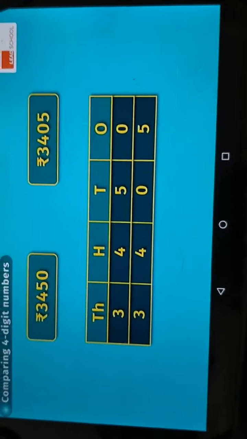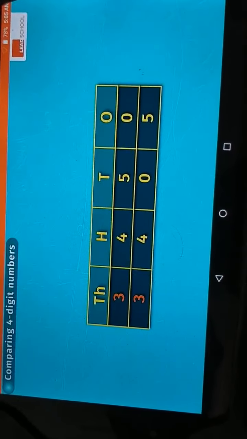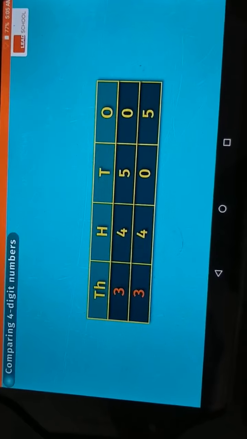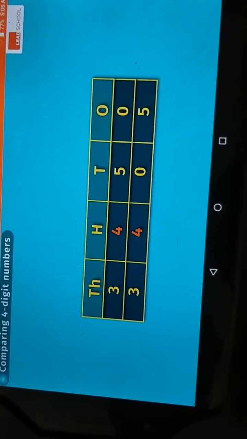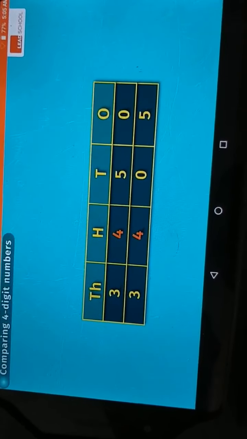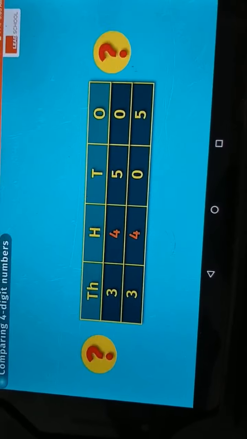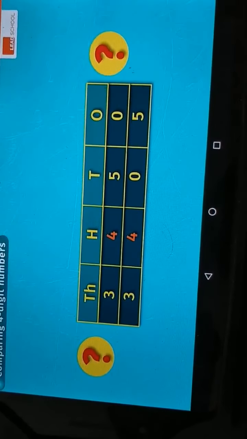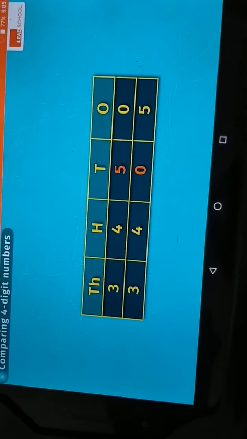Next, we will compare the digits in the thousands place. We can see that the digits are the same. So, we will move to the hundreds place and compare the digits. Uh-oh, the digits are the same again. What should we do now? Yes, we will move to the tens place and continue the comparison.